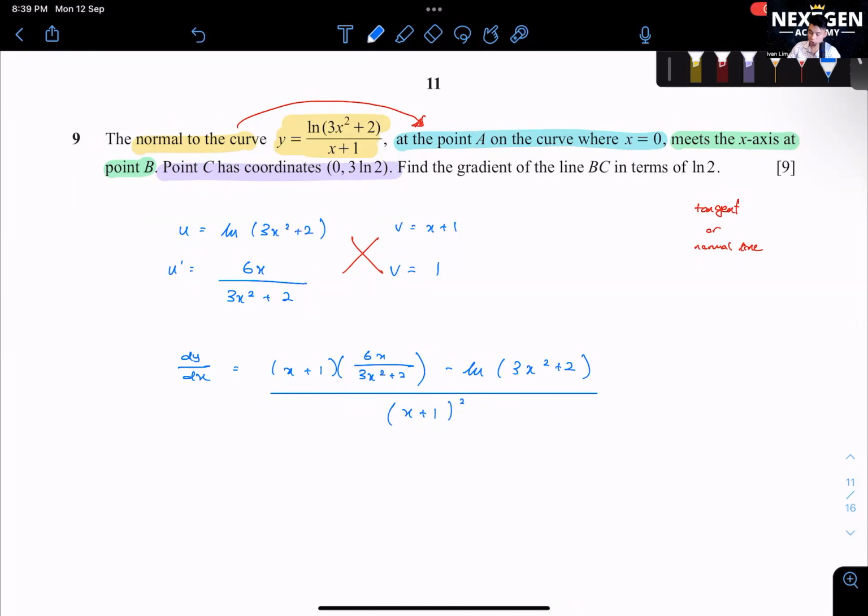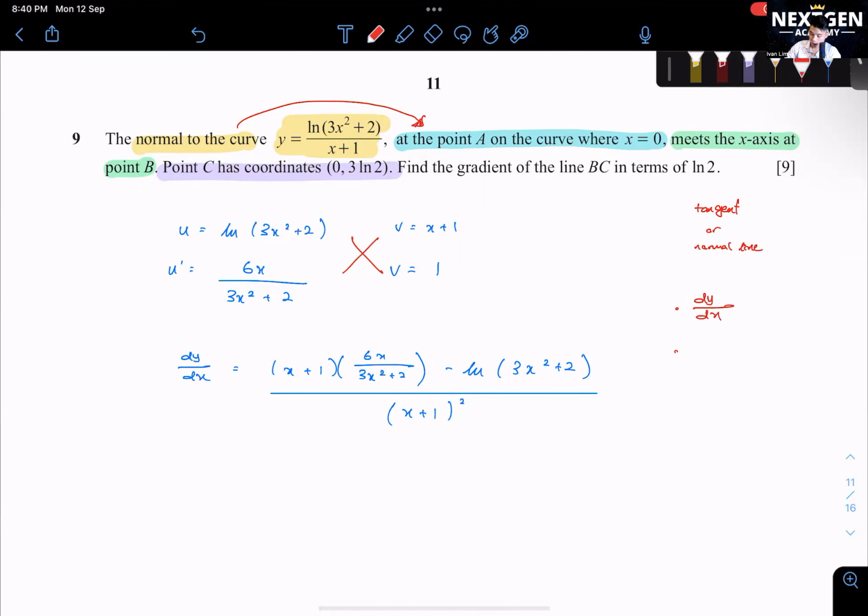So what do we need to find? Let's read the question. We need to find the equation of the normal line first, because we don't know the equation of the normal line for me to find my points A and B. For me to find the equation of a line, whether it's a tangent line or normal line, the first thing I always need is my dy over dx.